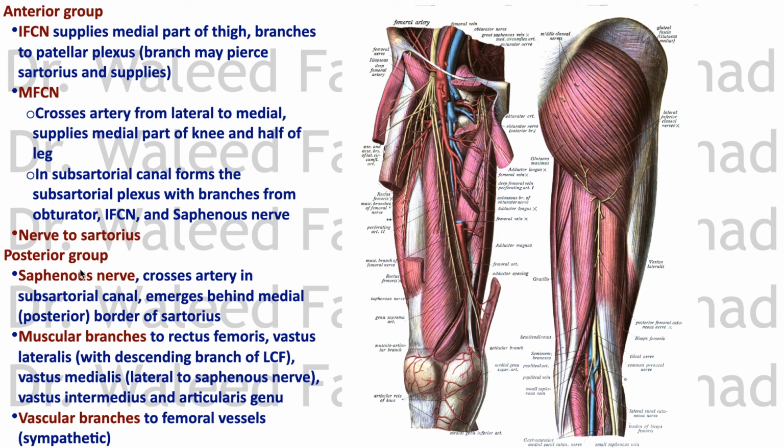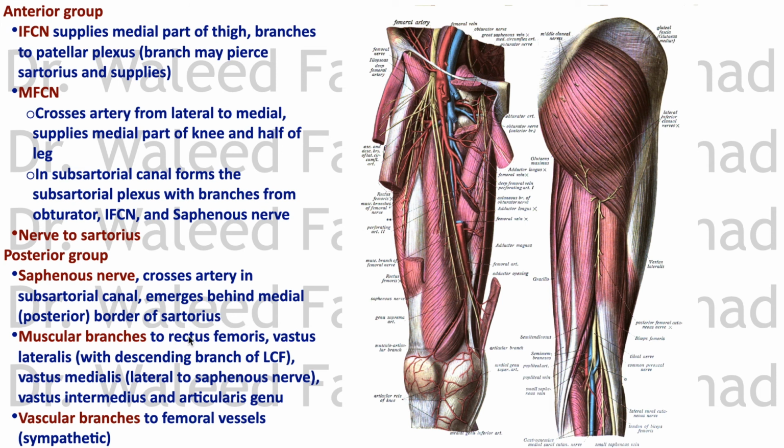From the posterior group, the saphenous nerve, the one you see here, passes through the subsartorial canal and emerges here to supply the medial side of the leg and the medial side of the big toe, the saphenous nerve.